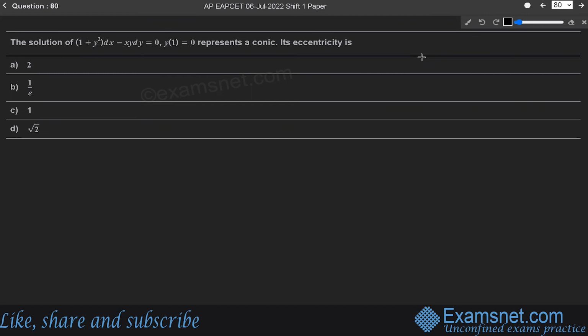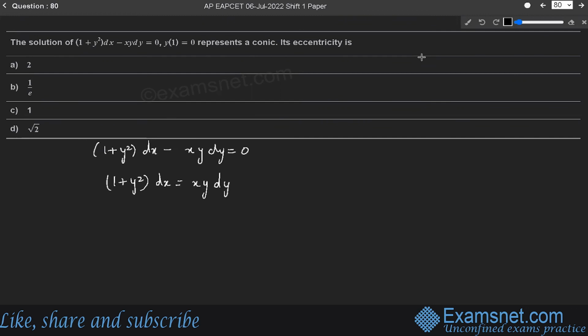And for a conic, which is ellipse, the ratio is less than 1. Here, the solution of the differential equation 1 plus y square dx minus xy dy is equal to 0. So it can be 1 plus y square into dx is equal to xy into dy.